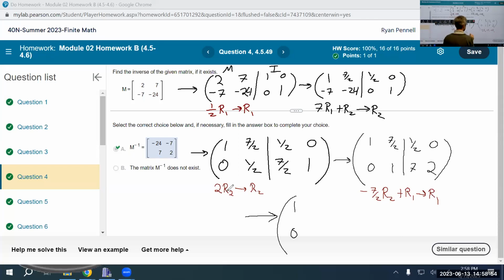One, 0, 0, 1, 7, 2, -49/2 plus 1/2. Got -24 and -7/2.